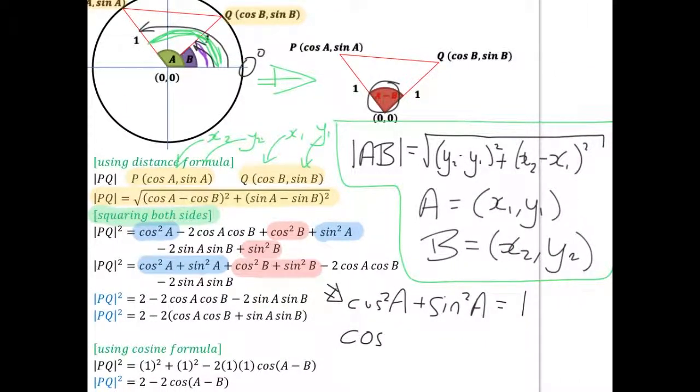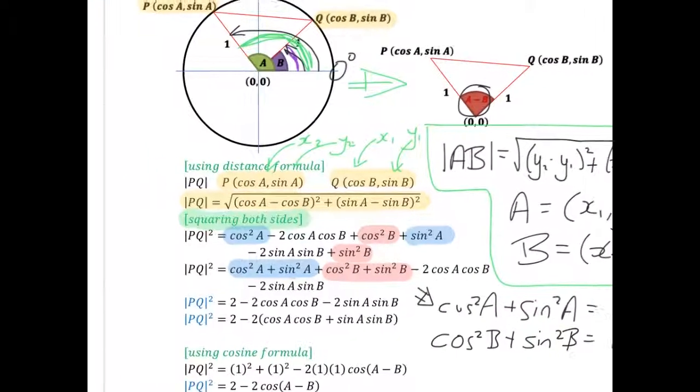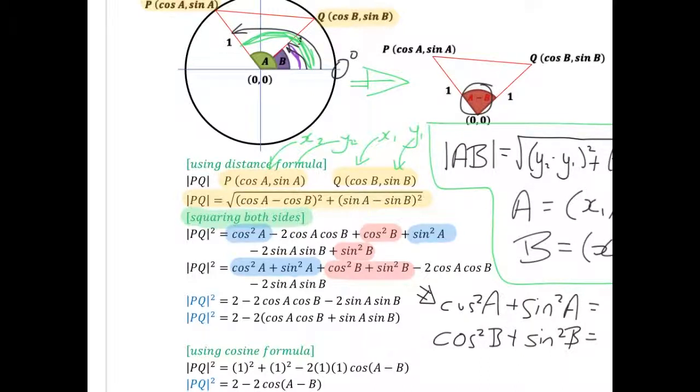Likewise, cos squared b plus sine squared b is equal to 1. And then we'll be adding these two values together, so we'll end up getting 2 out in front, which you can see here.